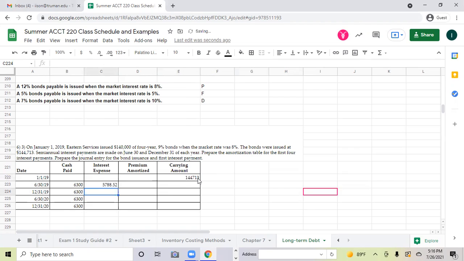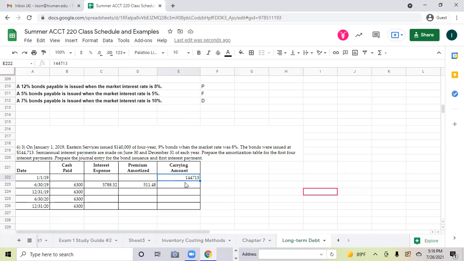And then the premium amortization is simply the difference between the two: 6,300 minus 5,852.